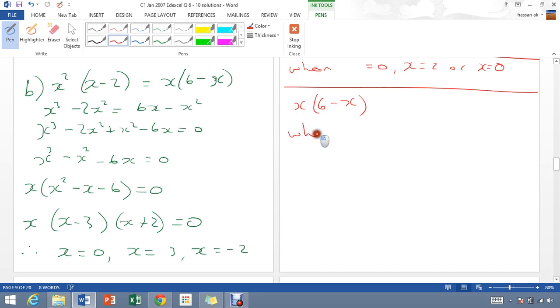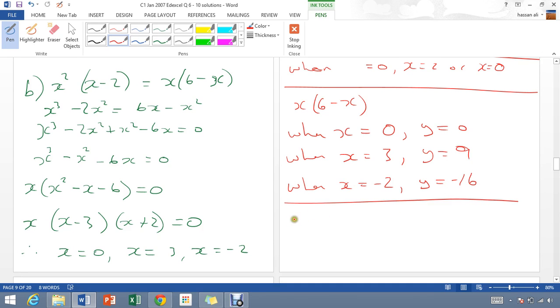So when x equals 0, y will equal 0. When x is equal to 3, y will equal 6 minus 3 is 3, times 3, that will equal 9. And then when x is equal to minus 2, y will equal minus 16.